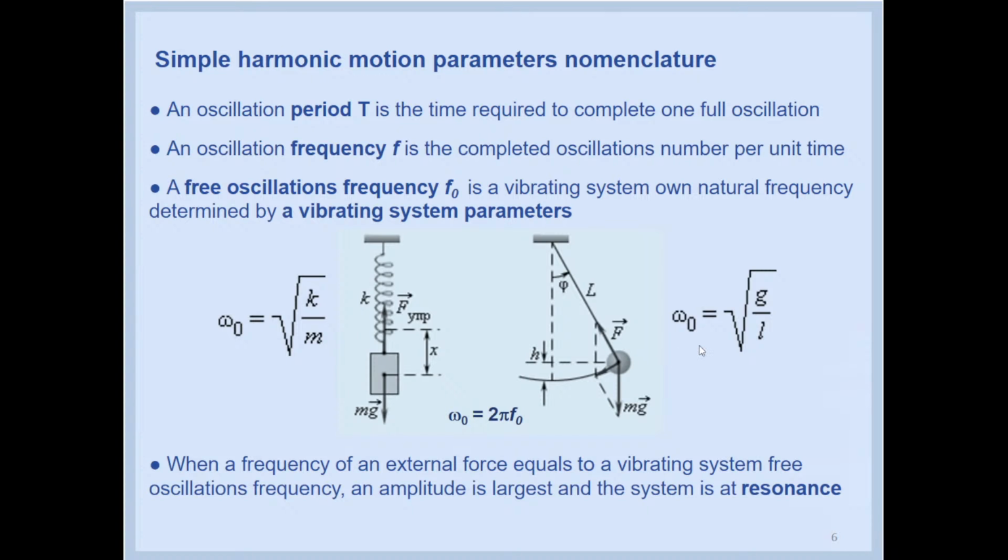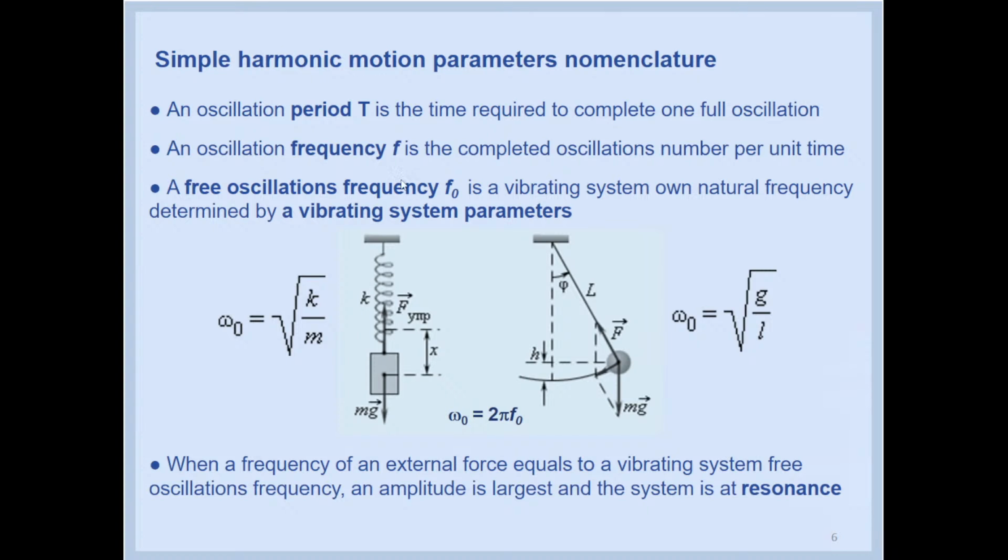And here you can see that for the simple pendulum, the natural frequency is determined by the length of the inextensible cord, and the gravitational acceleration at the place where this vibrating system motion is observed.